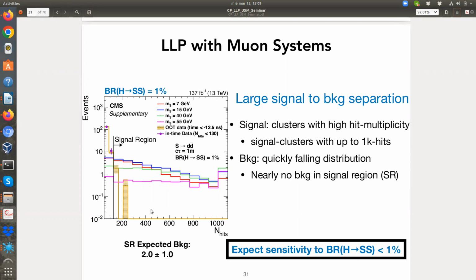In this case, the main discriminating variable is this: we cluster that ball of hits in the geometrical space around the Muon stations, and then we just count the amount of hits in that localized region, and that's what we call nHits. As you can see, the signal is these solid colors.